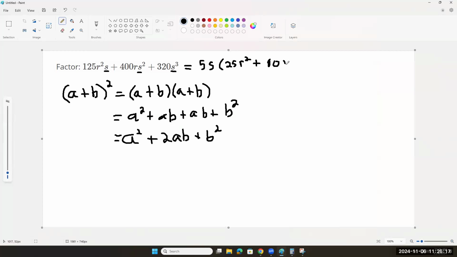And this is just the R. It's RS, actually.